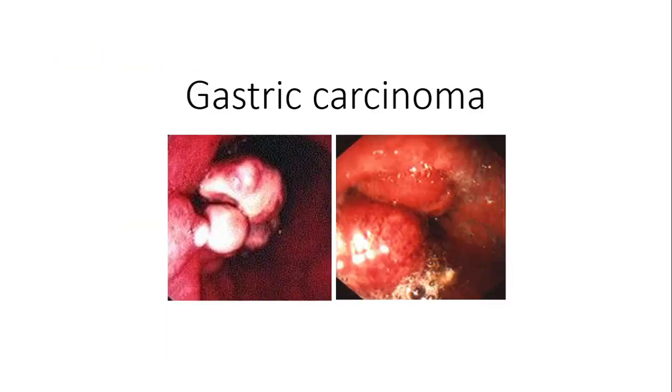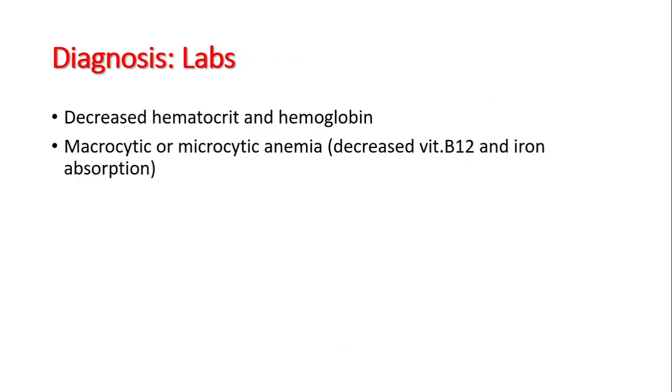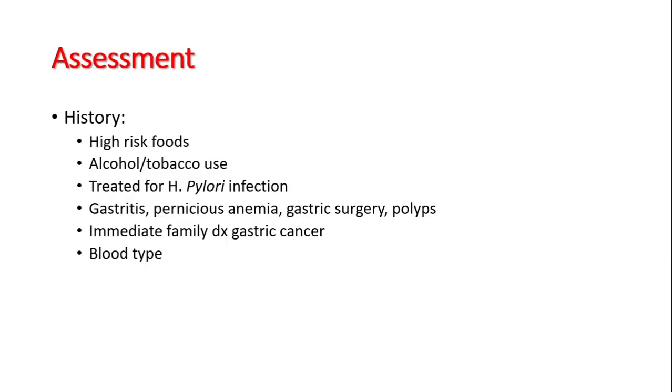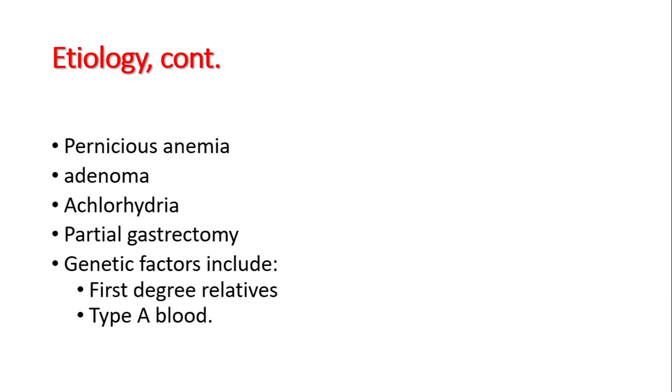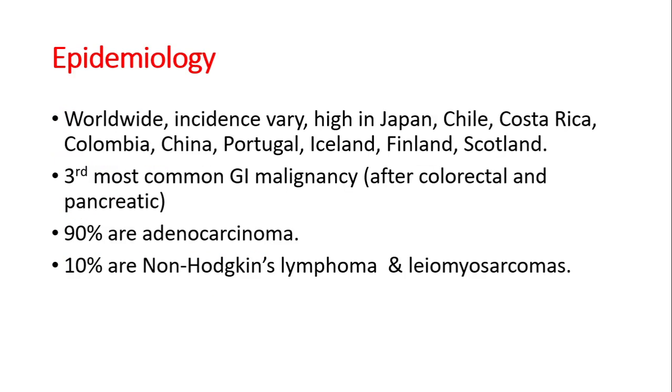Regarding the epidemiology of gastric cancer, it is a worldwide spreading tumor, most commonly in Southeast Asia, and high in Japan, Chile, Costa Rica, Colombia, China, Portugal, Iceland, Finland, and Scotland.